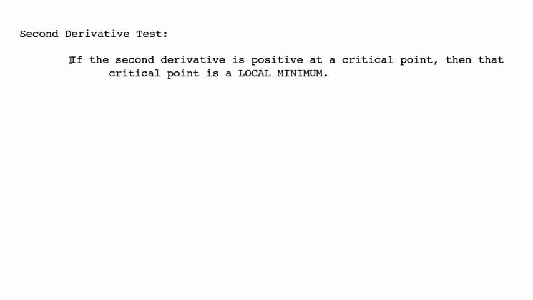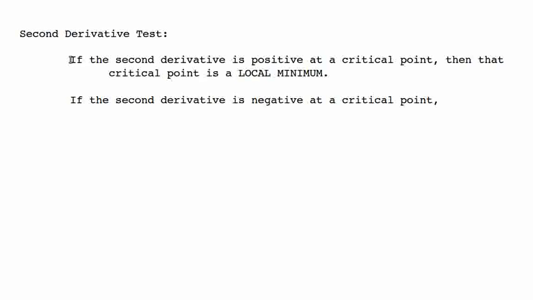Hopefully that's clear. On the other hand, if the second derivative is negative at a critical point, then that critical point is, wait for it, a local maximum.